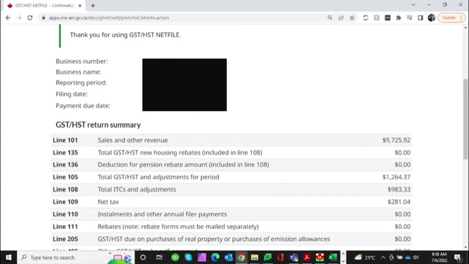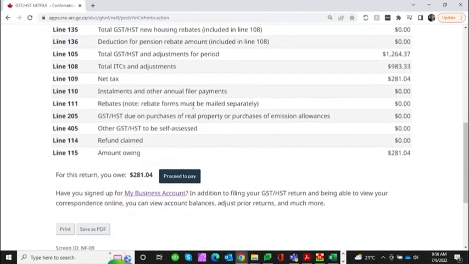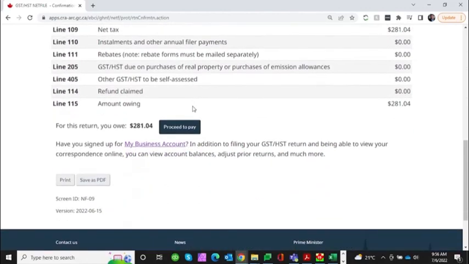For this person, the payment due date has already passed. It was 2020, so I'm sure this guy is going to have to take care of some penalty and interest on the amount owing. Now, if you're doing it for yourself and you want to pay, you can proceed to pay, and you can make the payment for this return.